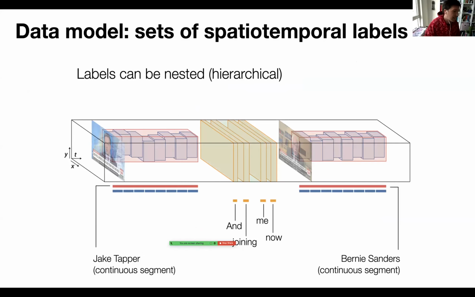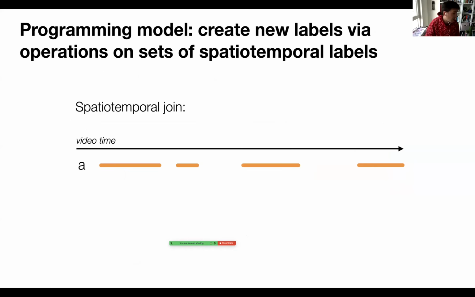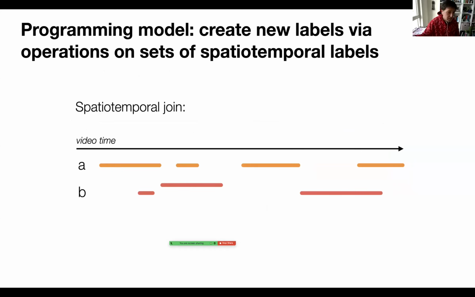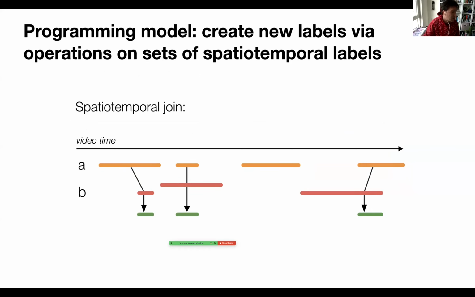Like a track is just a sequence of face detections of the same person. An interview is a sequence of Bernie followed by Jake Tapper followed by Bernie. So we just write these simple programs that are based on spatiotemporal operators and joins. Like, for example, you might have a set of face detections A, you might have a set of another face detections A, and you can obviously join these in time or in space.